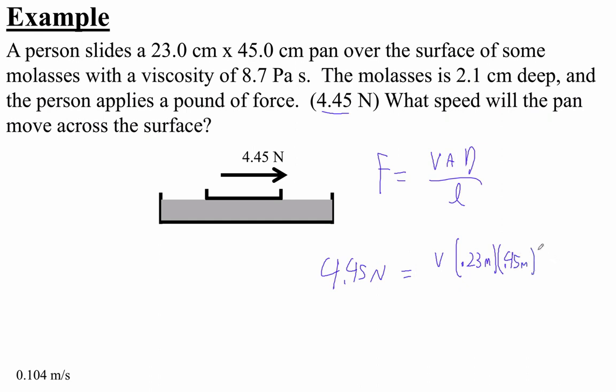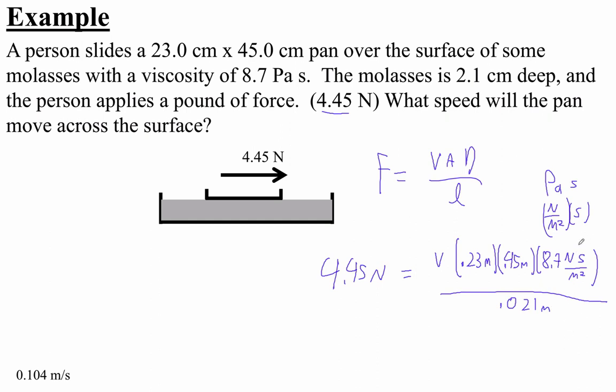The viscosity is 8.7, and remember, a Pascal second is a Newton second per square meter. So I'm breaking it down: a Pascal is a Newton per square meter, times seconds. Then we divide by the thickness, which is 0.021 meters.